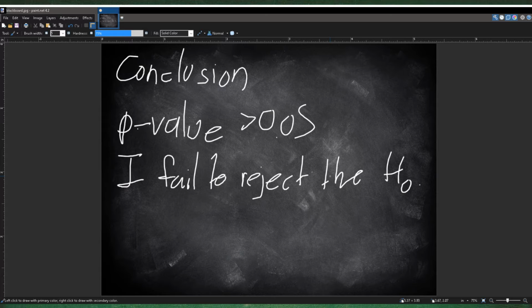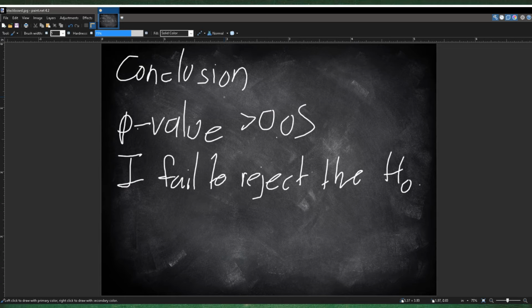You have to write null hypothesis in words, you can't just write H0. Based on a p-value of, let's say, 0.1, which is greater than the alpha level of 0.05, I fail to reject the null hypothesis.